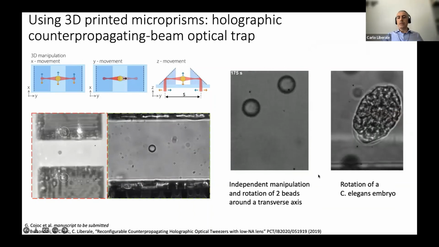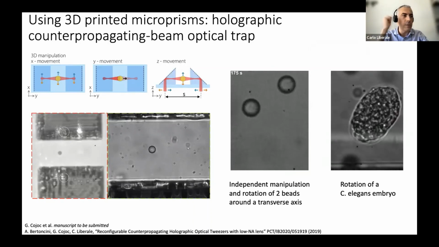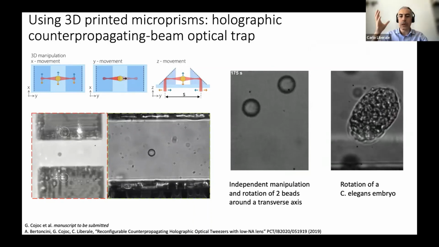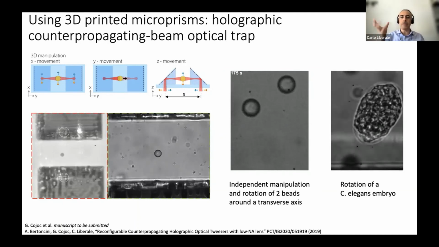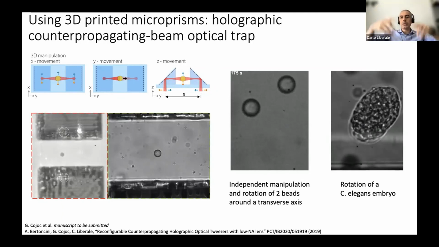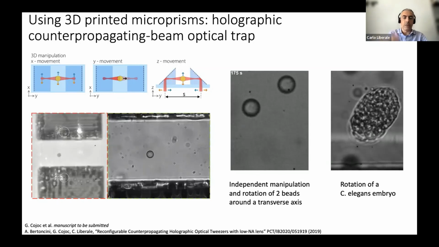Okay, here is a C. elegans embryo, and you can see the rotation in front of the objective, which is what you typically need for tomographic imaging, where you reconstruct a 3D particle without labeling, just by looking at the different images taken of the object from different angles. This is difficult to implement because you need to rotate this small object in front of an objective.